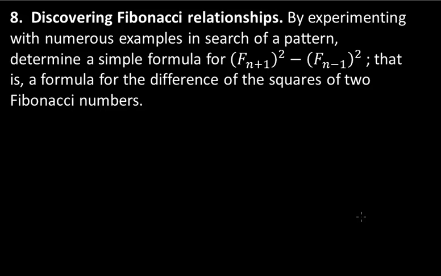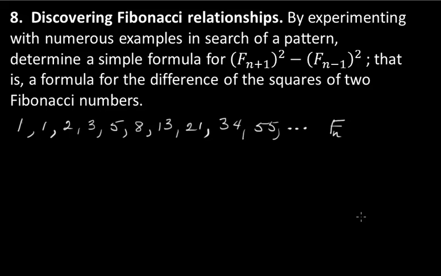So the first thing I should do is write down the Fibonacci numbers and come up with some examples, like they asked us to. Examples of that formula with given values of n, and see if we can find a pattern. Okay, so I wrote down the first few Fibonacci numbers, and of course this is when n equals 1, n equals 2, n equals 3, the third Fibonacci, n equals 4, f sub 4, n equals 5, the fifth Fibonacci, n equals 6, f6 equals 8.